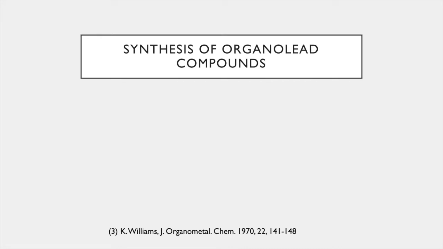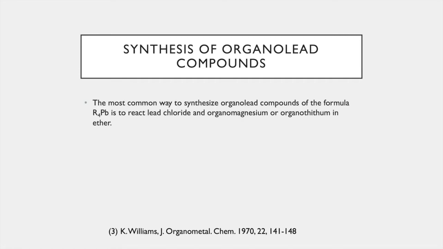So, some general synthesis of organolead compounds. The most common way to synthesize organolead compounds of the formula R4Pb is to react lead chloride and organomagnesium or organolithium in ether.